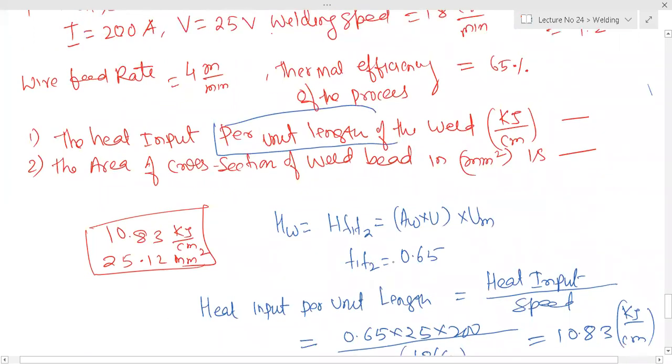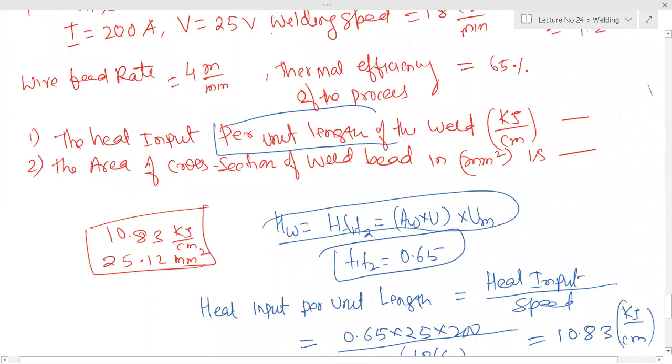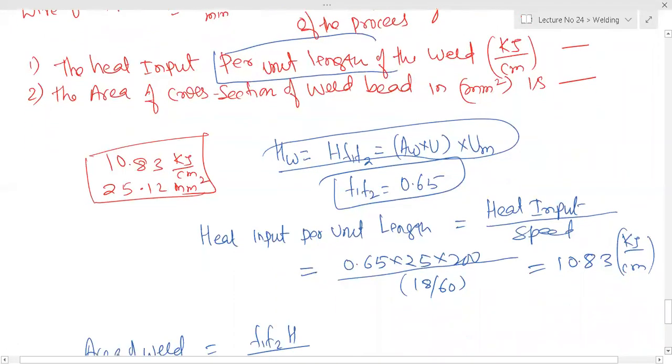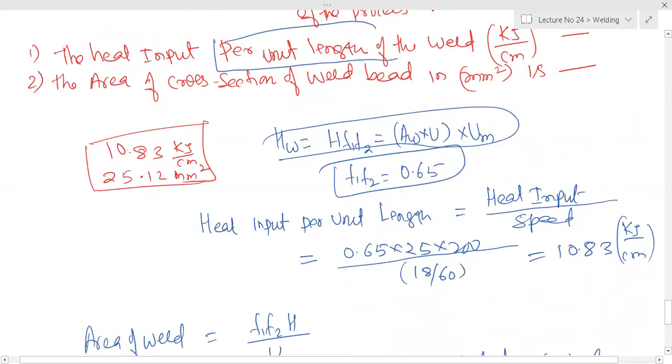So H is this relation, and here it is given F1, F2 multiplication. So heat input per unit length will be F1, F2 times voltage and current, that is 25 and 200.